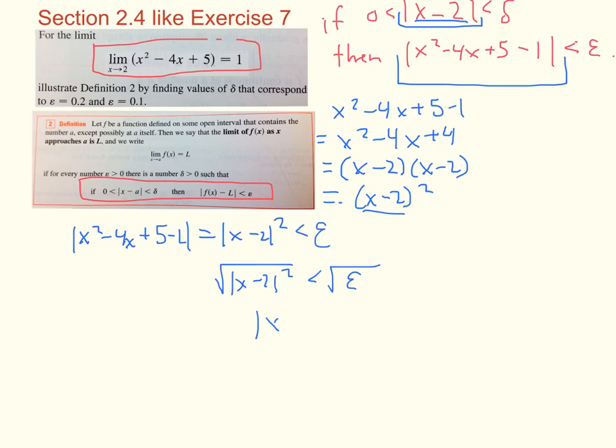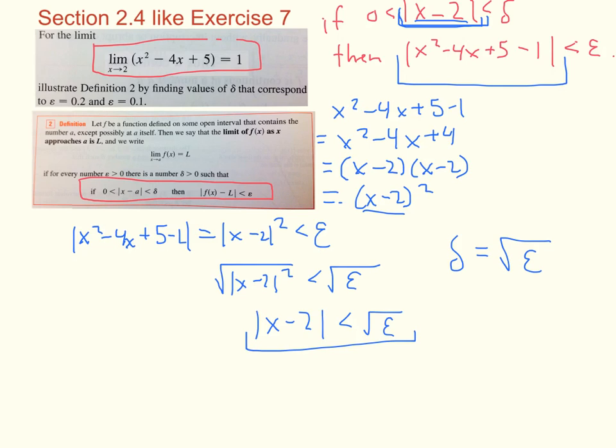So we have the absolute value of x minus 2 is less than the square root of epsilon. Hopefully that looks familiar to you, as it's the same thing we had up here: x minus 2 is less than delta. So what are we going to choose? We are going to choose delta is equal to the square root of epsilon.